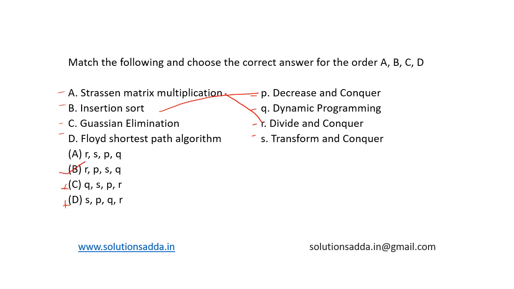But let's see the rest of the options. Gaussian elimination actually uses the transform and conquer approach to solve the equation. So C will be S, and the Floyd-Warshall algorithm uses dynamic programming to solve the all pair shortest path problem. So going by the options, option B is the correct answer.